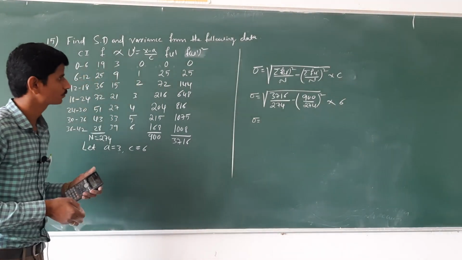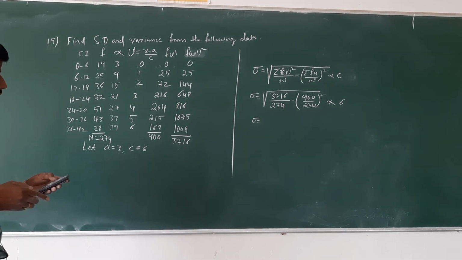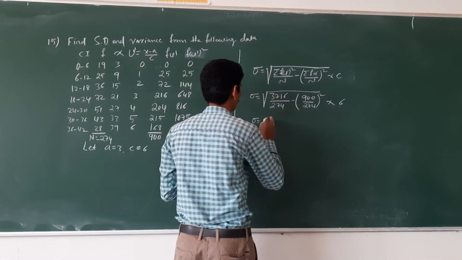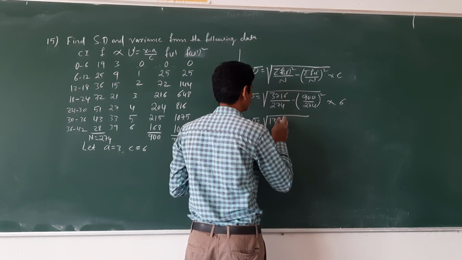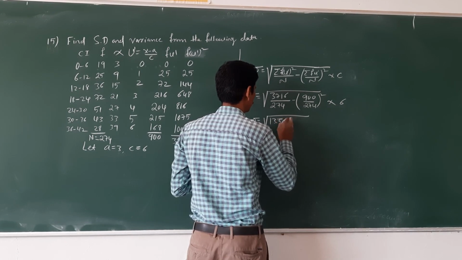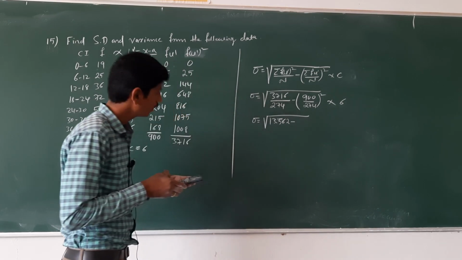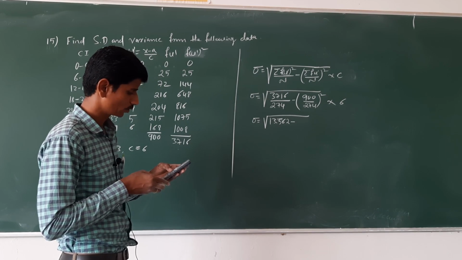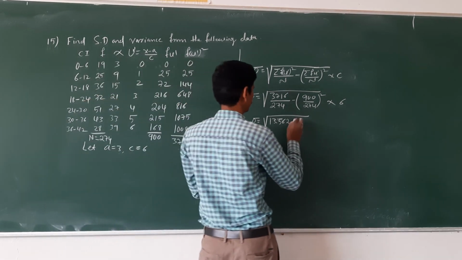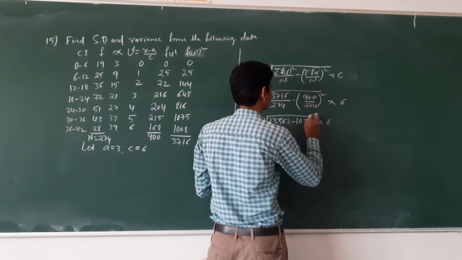Here 3716 divided by 274 is 13.56, under root of 13.56 minus, 900 divided by 274 is 3.28. Its square is 10.78, into 6.